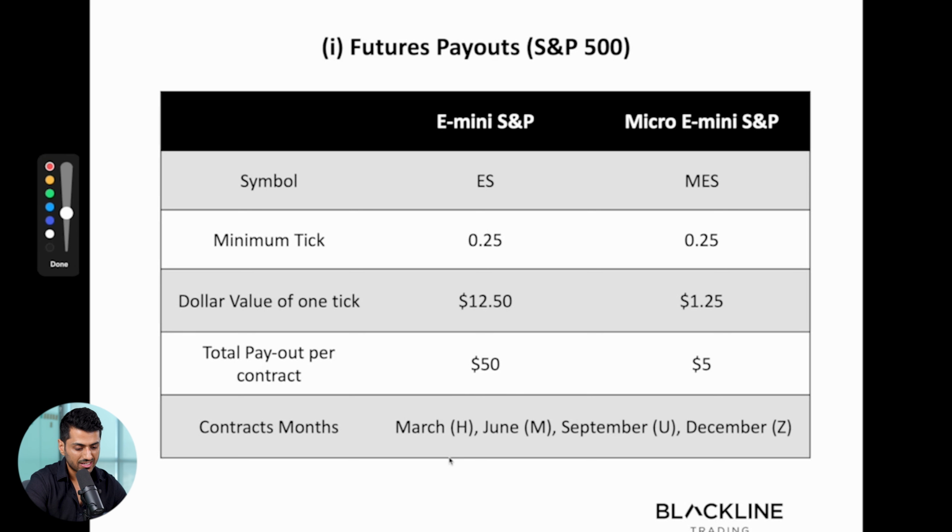So unless you decide to roll those contracts over, your contract will expire. And what do we mean by rolling over? Rolling over means that, for example, if you are currently trading the March contract and March is approaching, you change your position to the June contract expiry. Similarly, if you have June and you want to change it, you change it to September. That is what we mean by rolling over.